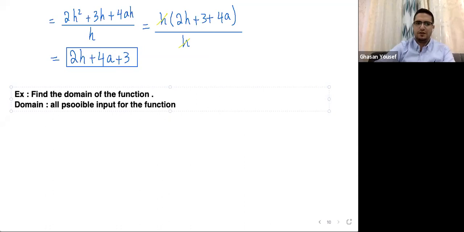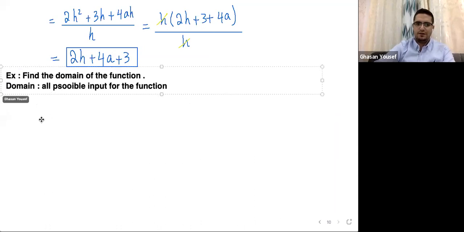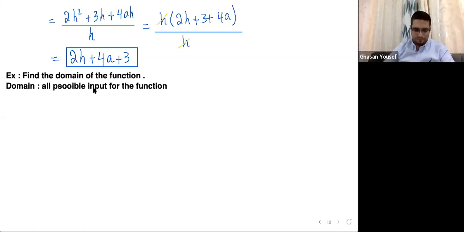So the first part of this example, the functions are given as: number 1, f of x equals x minus 9 over x.